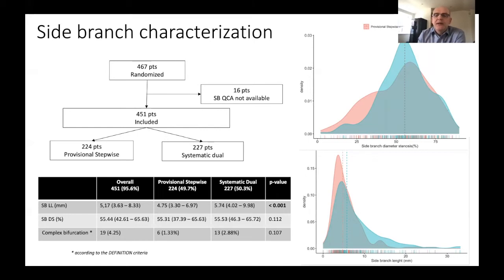And importantly, the side branch disease in diameter distribution is also shown there, with relatively small amounts at the higher levels of stenosis, vast majority less than 75%. So this is a very different population to the population treated within the DEFINITION II trial.